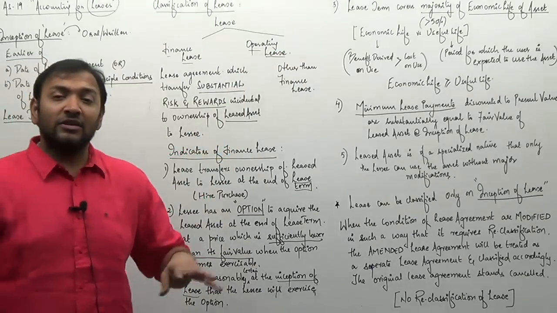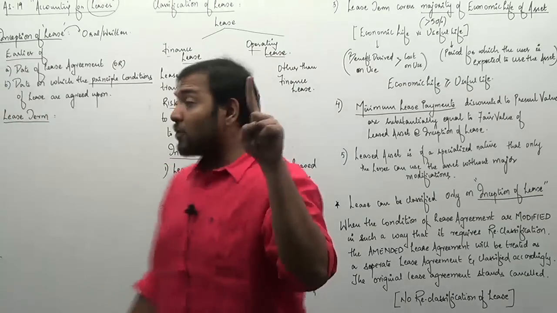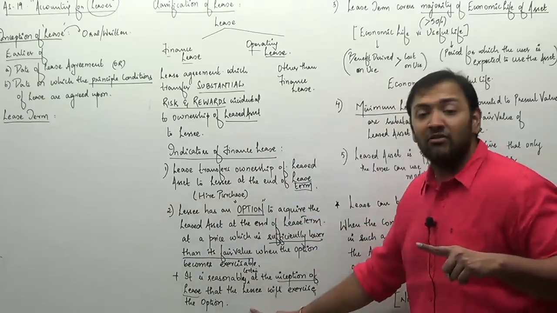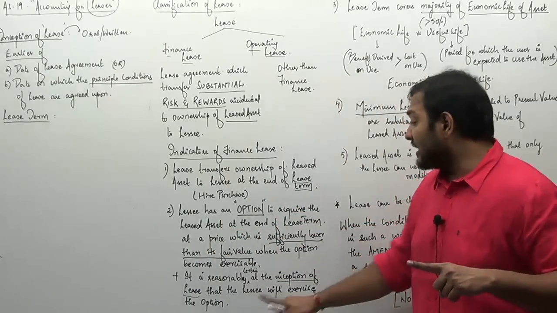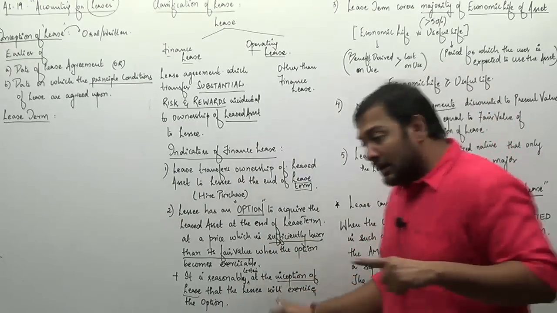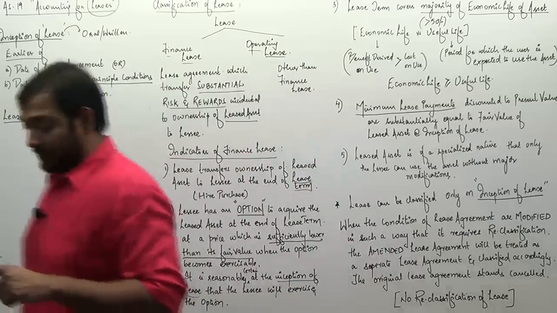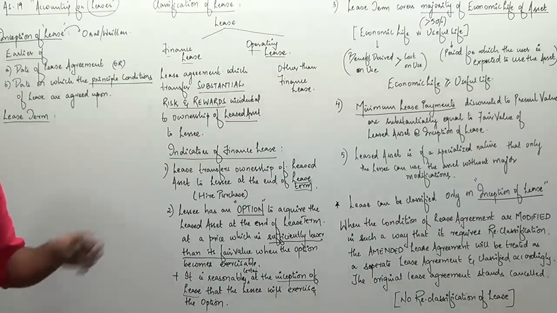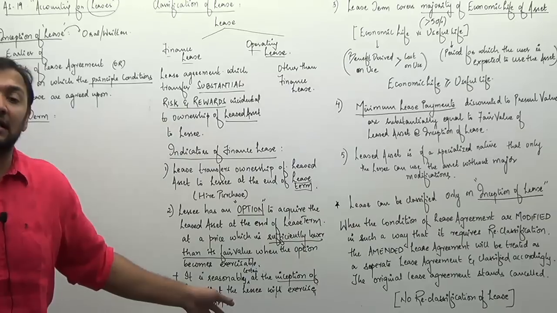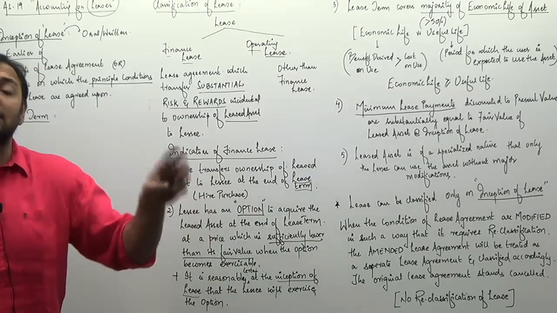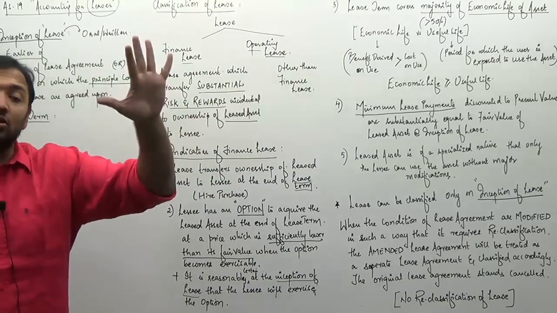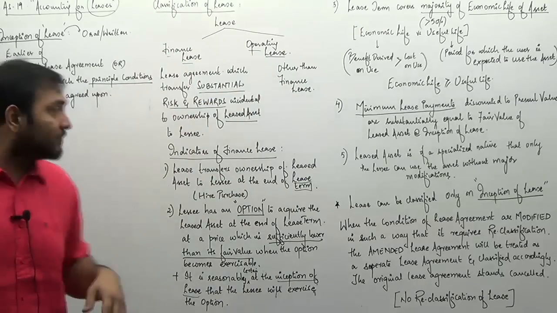Whenever there is an option of a lessee, I have an additional condition. It is reasonably certain at the inception of the lease that the lessee will exercise that particular option. If it is reasonably certain that the lessee will exercise the renewal option for 2 more years, then the lease term is not 3 years. 3 years plus those 2 additional years, total 5 years, will be your lease term.